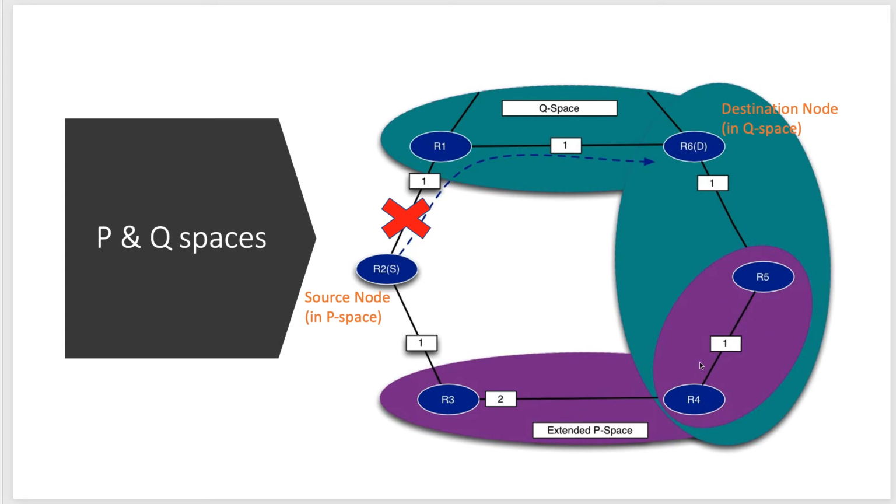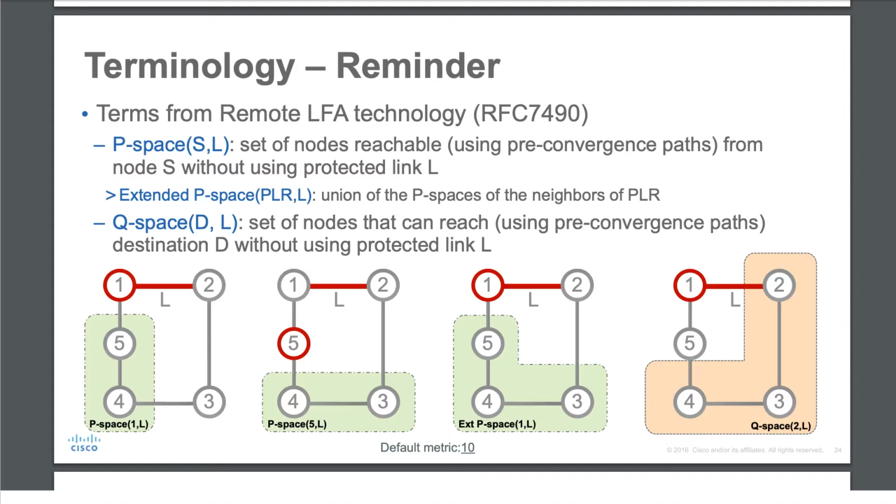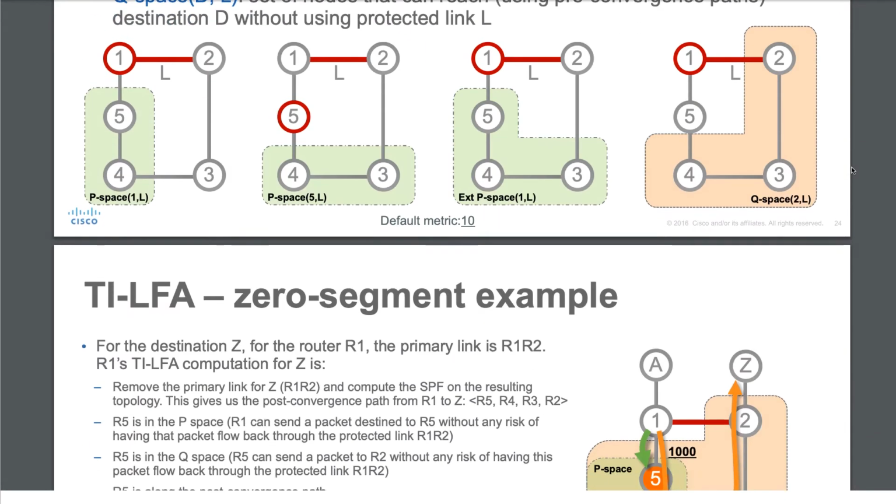Some routers can have both the roles of P router and Q router. Keeping that in mind, let's go back to our slide and explore some of these things in more detail.